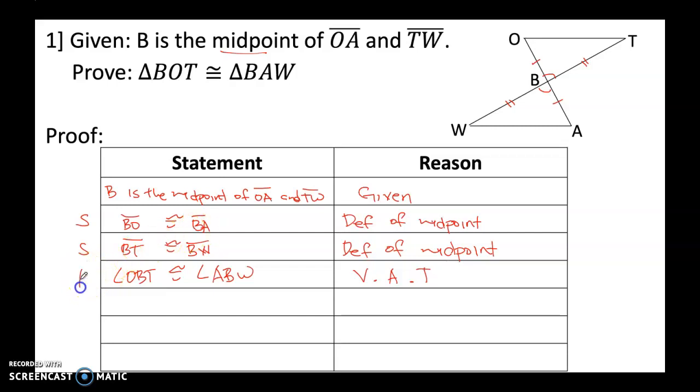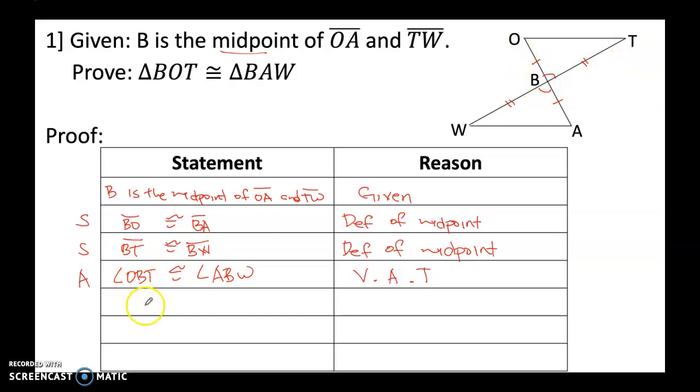So we have three parts. We have two sides and an angle. Now let's determine what kind of angle that is. So we have the included angle. It's between the two given sides.